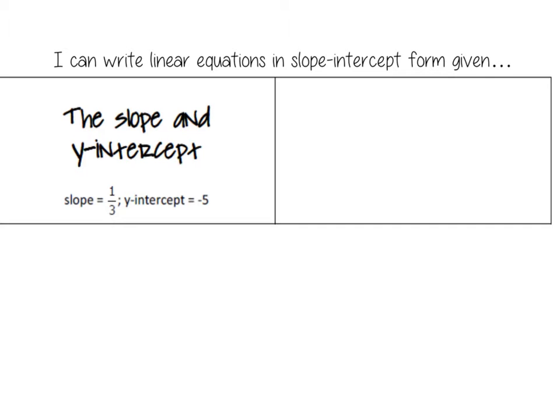Okay, so first thing to remember, slope-intercept form is y equals mx plus b, where m is the slope and b is the y-intercept.